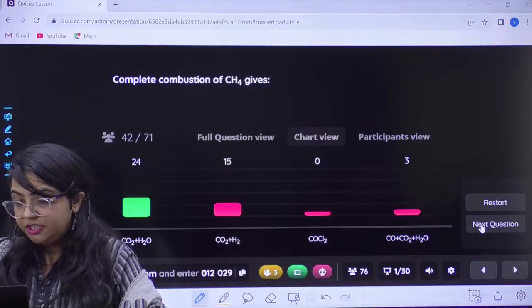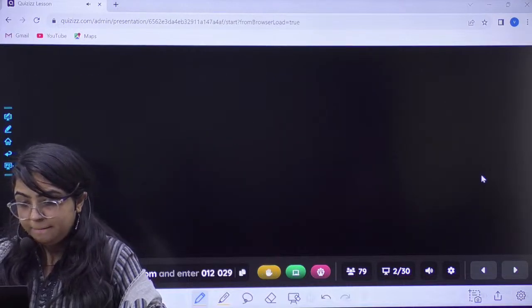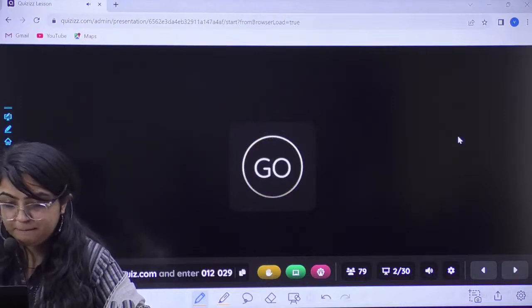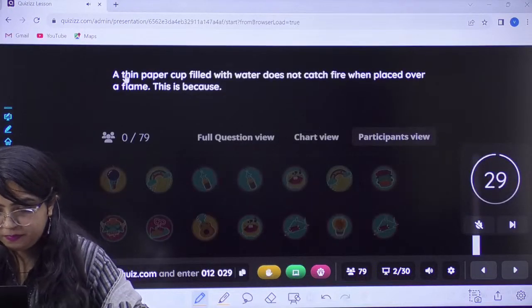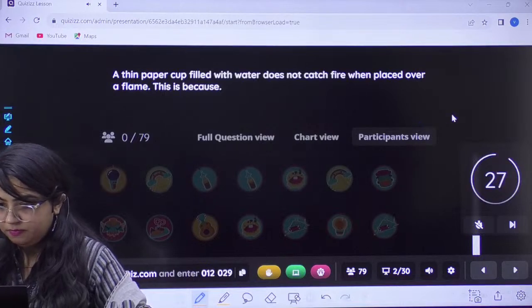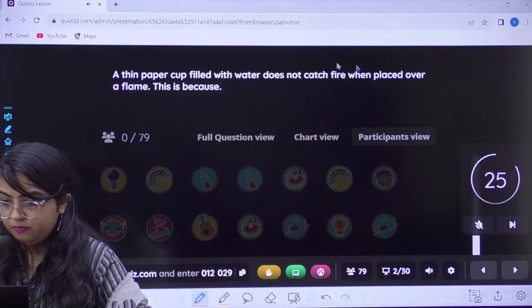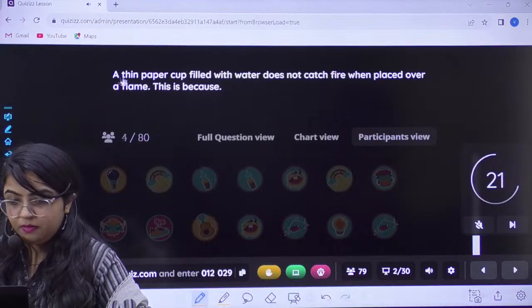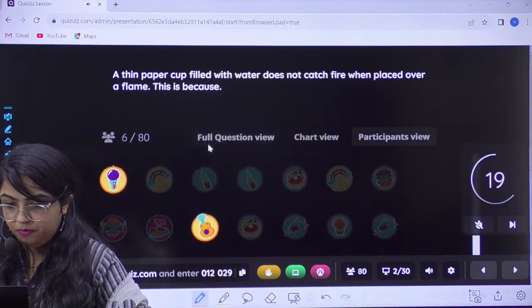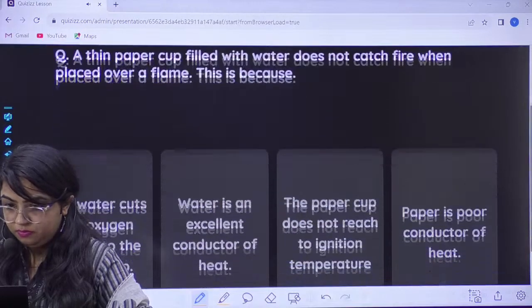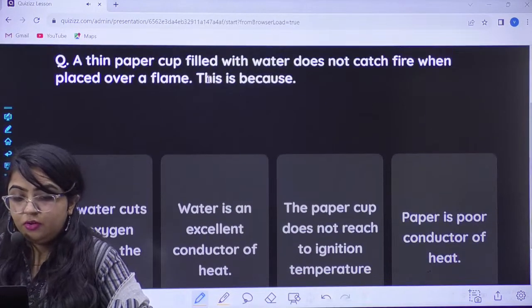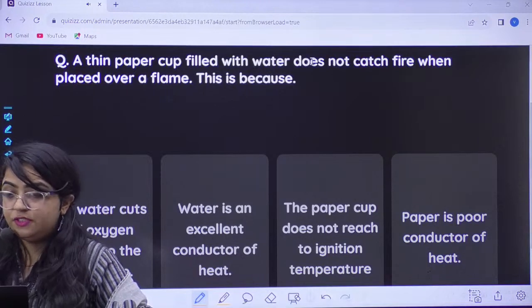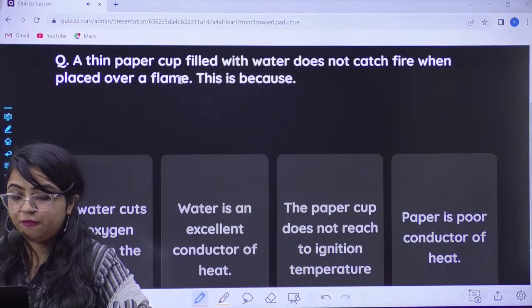Okay, so the next question is: a thin paper cup filled with water does not catch fire when placed over a flame.